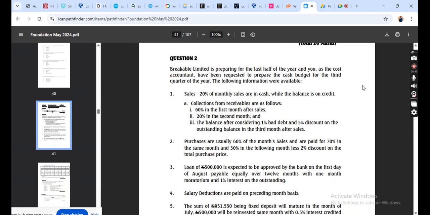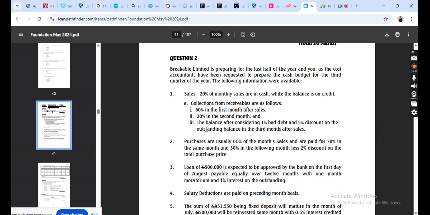When you remove cash, you're supposed to have 80. Then the total will be 100. So if you have 20% cash, you've charged 60%, you've charged 20%, you still charge another 20%. The total will give you 120%, which is above 100%. It's supposed to be 100, class.